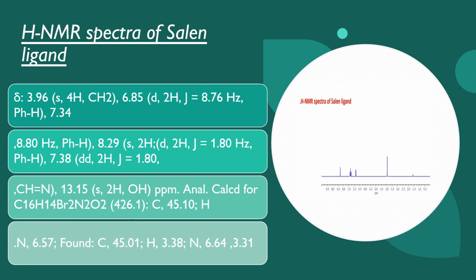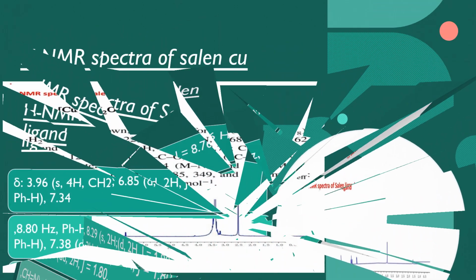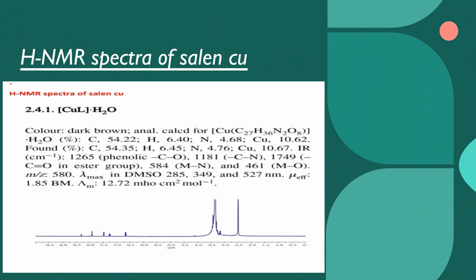Let's go to see the HNMR spectra of the complex. And here, as we see, there are also differences in peaks. That is due to what? That is due to the copper metal.